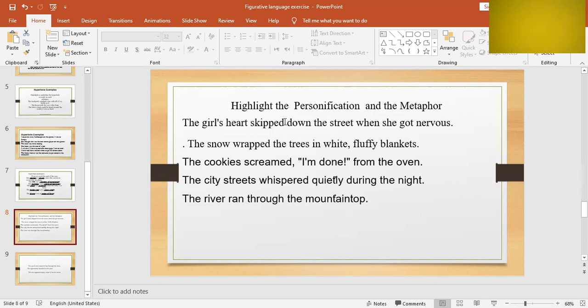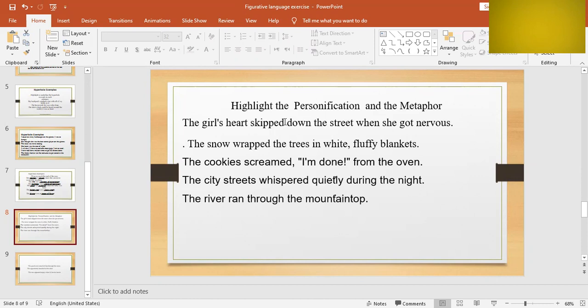If you have a question like that in the exam, you have to explain it as a personification because you add the characteristics of a person to the cookies, and you set the similes between the cookies and a person who can scream. Screaming is not a characteristic of non-living things, which are the cookies.